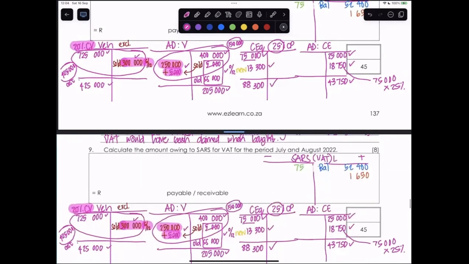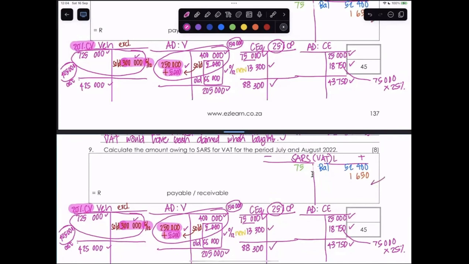And the last thing that we need to do is calculate the final amount owing to SARS. You can see we've obviously got our beginning balance of 52,400. We're going to add the 1,650 and subtract the 75. What we do need to remember to do here is that the vehicle that was taken also needs to be added on.